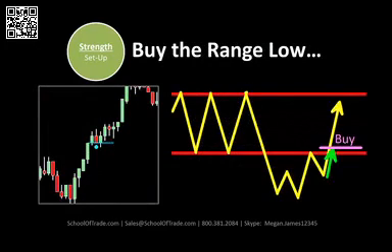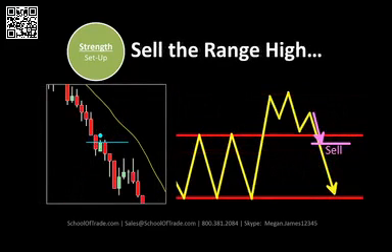The key to buying the low of a range with a strength setup is to get the market as far outside the range as possible, so that when you see the failure followed by the pullback setup, you still have enough room to jump into that strength setup before you get back into the middle, or even worse, the opposite side of the trading range. And the same is true for selling off the high.